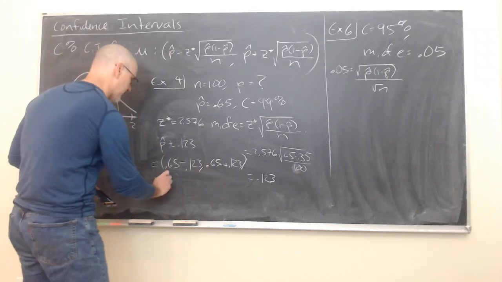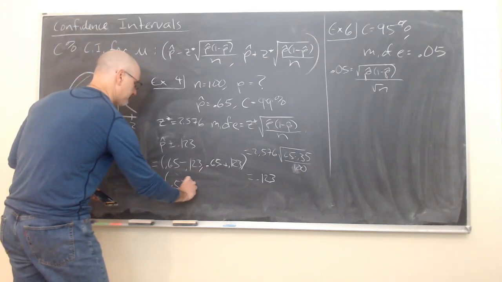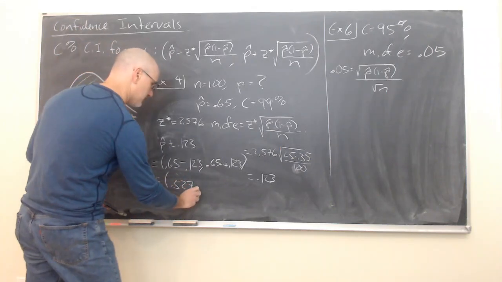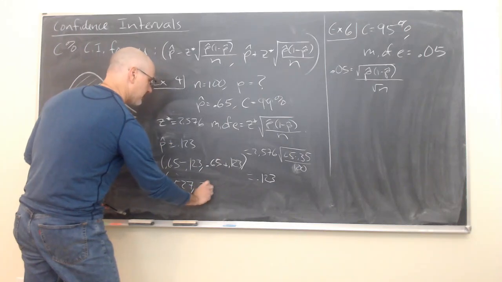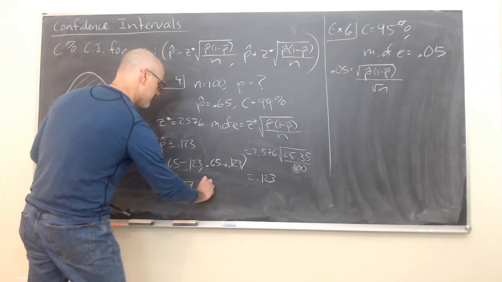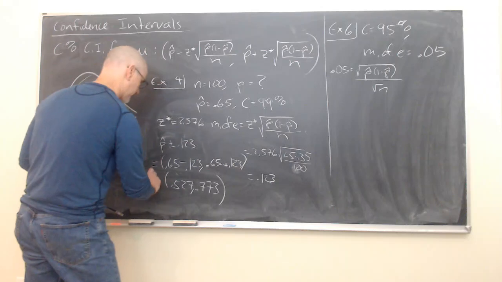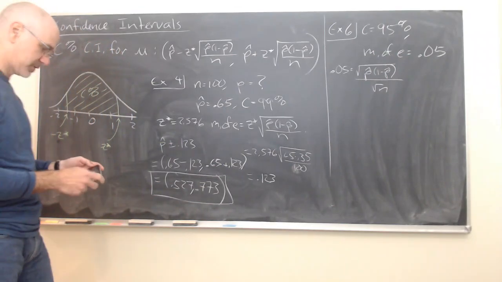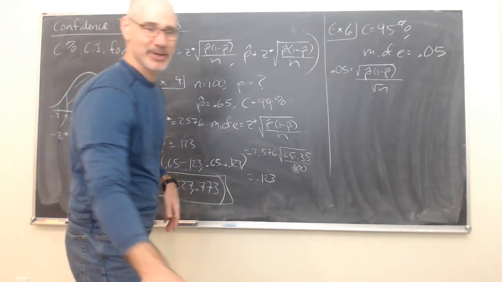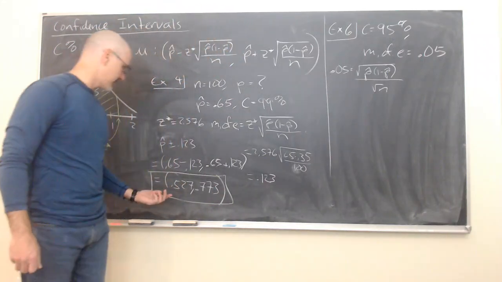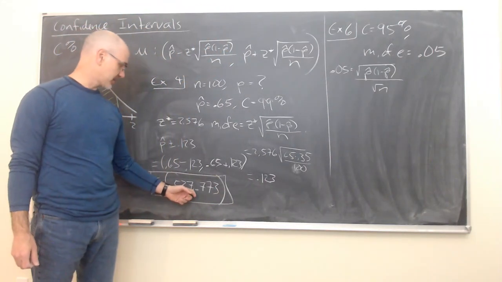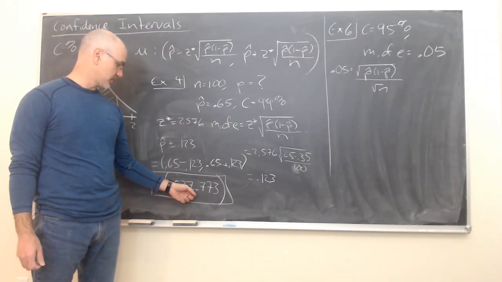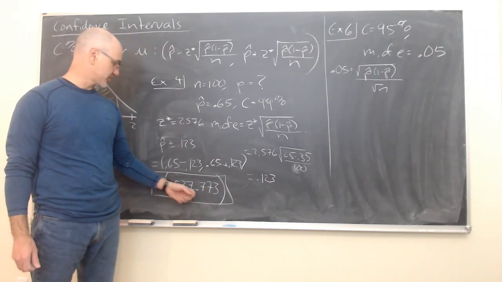So 0.527 out to 0.773. If I've done the arithmetic and the calculator correctly, we have a 99% confidence interval for the true unknown population proportion.